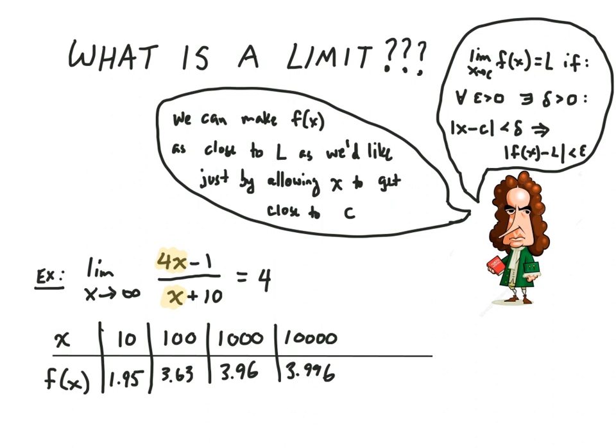So for sufficiently large values of x, the -1 and the +10 have really no effect on the fraction. 4x divided by x is all that essentially matters as we get closer and closer to infinity. And this is the idea that mathematicians were trying to convey when they came up with this very complex definition of limits.